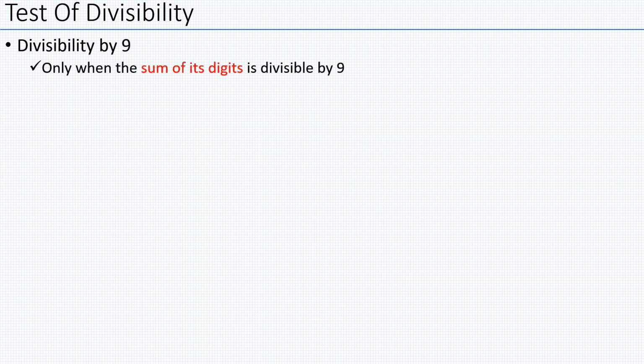Let's see another. If a number is divisible by 9 or not, how will you check? If the sum of its digits is divisible by 9, then it is divisible by 9.